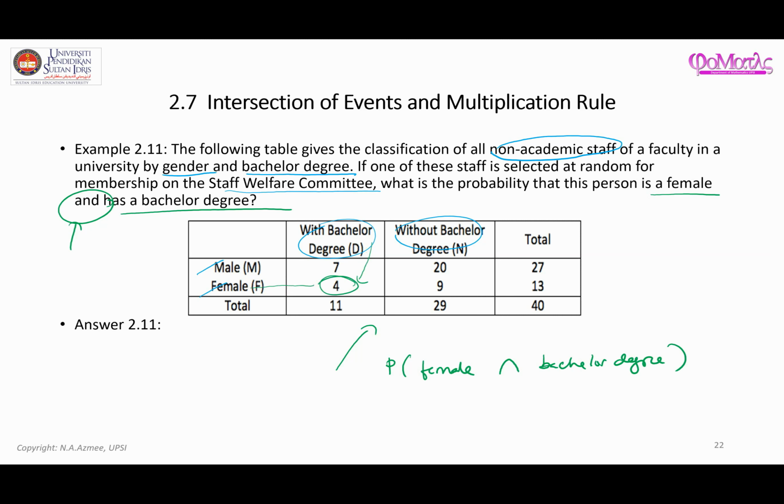Here we've got 4, the number of females with a bachelor degree, and 4 is going to be divided by the total number of subjects in that sample space, so 4 divided by 40. The answer is going to be equal to 0.1. So this is the probability of A and B, the probability of 2 events in general.